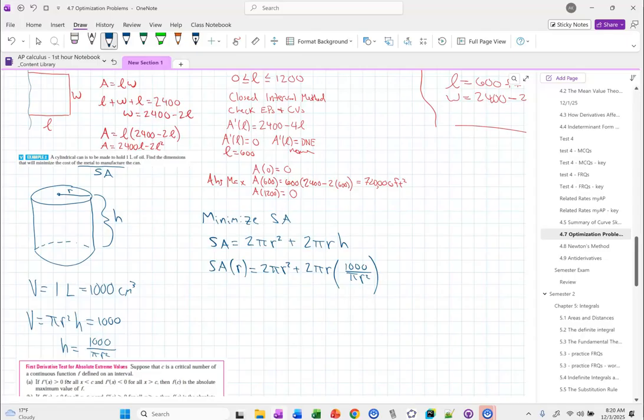What do you notice right away? Some reducing we can do here, right? I'll write it this way.